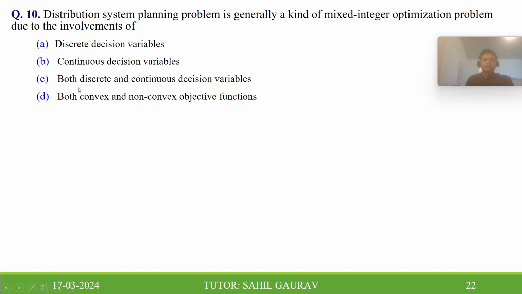Option C, both discrete and continuous, is correct. Very good, Rahul. Both discrete and continuous decision variables come under mixed integer optimization problems. From this assignment, generally this type of problem is asked, so these are very simple.